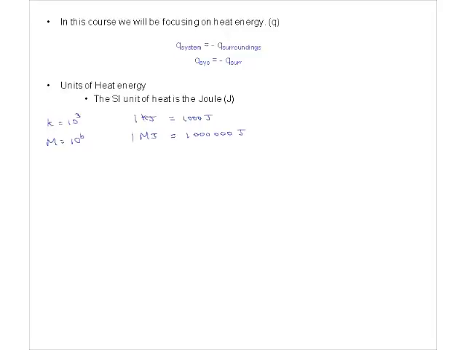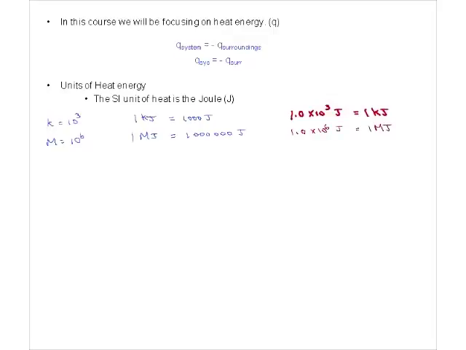All right, so we could look at this and say 1.0 times 10 to the 3 joules equals 1 kilojoule. Another way we can look at this one down here is we can say 1.0 times 10 to the power 6 joules is equal to 1 megajoule.